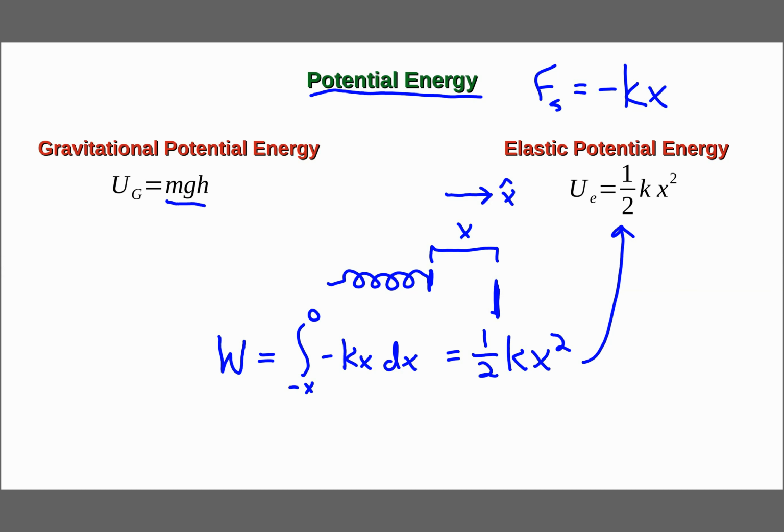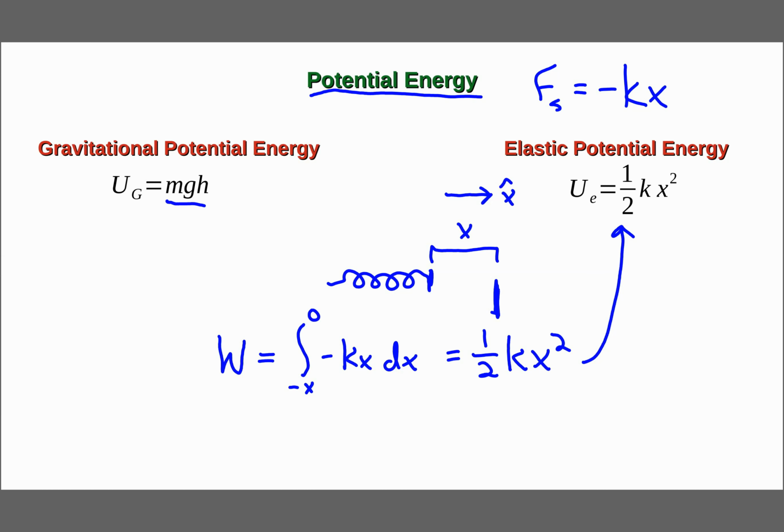The amount of work that we have to do to raise something up a certain height. This elastic potential energy is the same. It's the work that we have to do to deform this spring by some amount x, or it's the amount of work that the spring can do when it returns to its equilibrium position from some distance x.